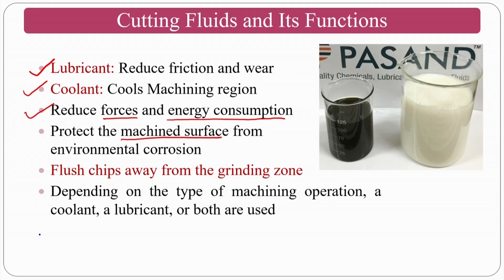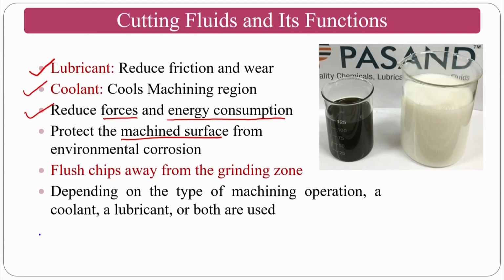Normally, some anti-rusting agents will be used in the cutting fluids, which can protect the surface from the environment by forming a passive layer. Then, flushing away the chips. If there are any chips, or as you have seen in the previous class, loading is the biggest problem in the grinding process.